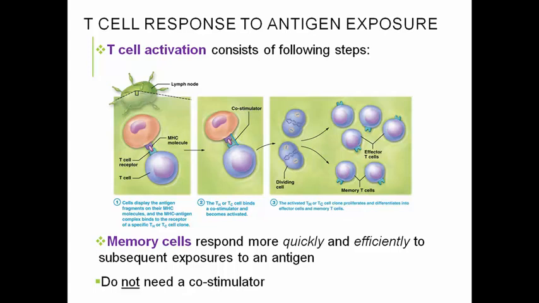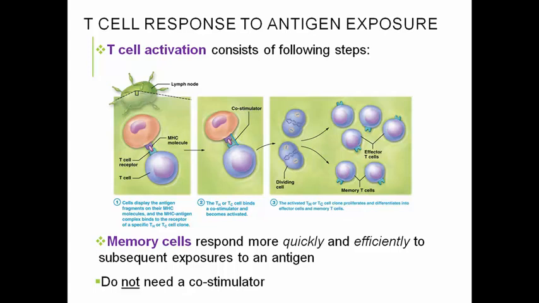Then of course our T helper cells, or cytotoxic T cells, will bind to that antigen. They undergo what we call co-stimulation, so they'll stimulate each other, both the T helper and the cytotoxic T cells. As they bind to the co-stimulator, they both are now activated.